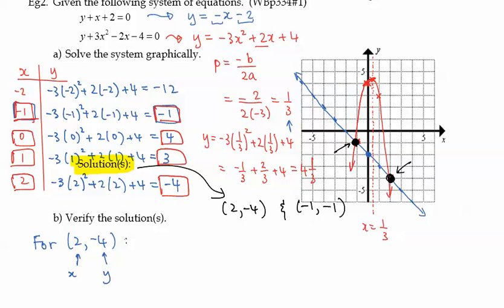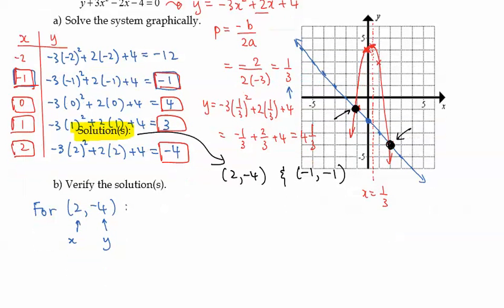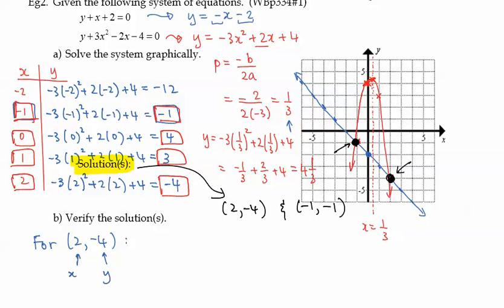For now, if I just check it manually, if I want to verify whether this point is the solution or not, 2 and negative 4, I will substitute these two numbers into both equation 1 and equation 2. I want to make sure that the left-hand side and the right-hand side are equal.